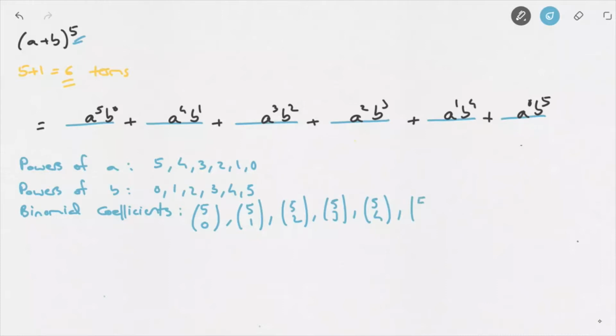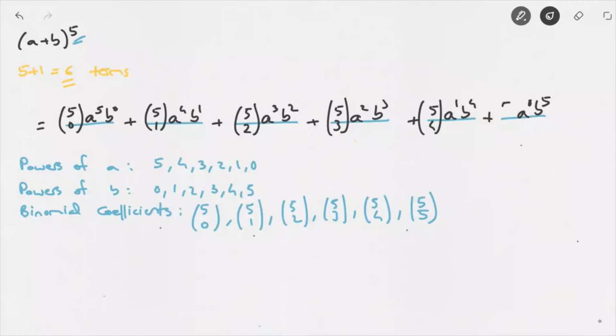Finally, we'll have 5,5. So let's go ahead and add those binomial coefficients. So we said the first one should be 5,0. The second one should be 5,1, followed by 5,2, 5,3, 5,4, and 5,5.